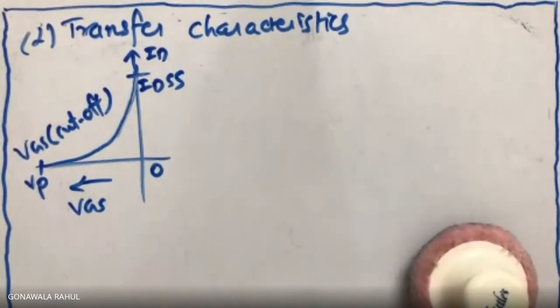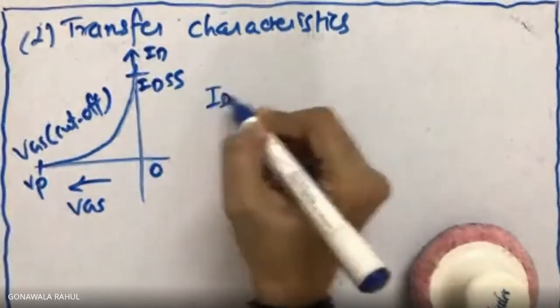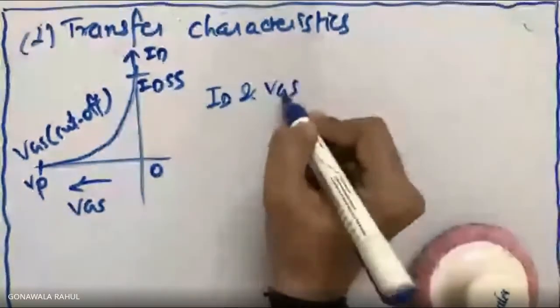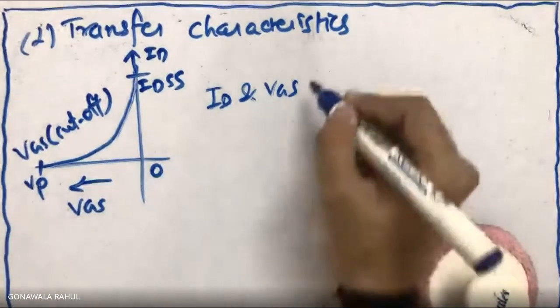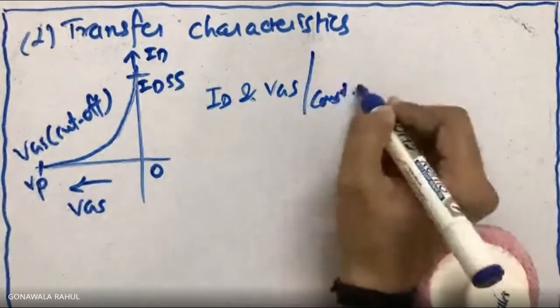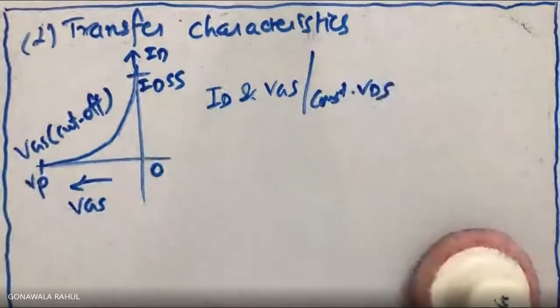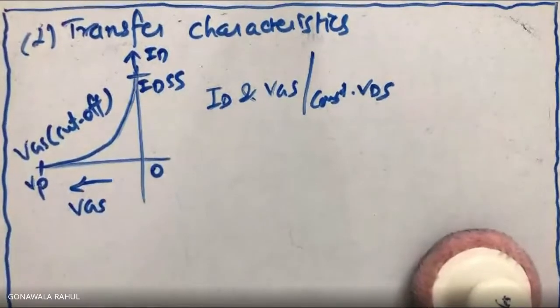Transfer characteristics are also known as the transconductance curve, which gives us the relationship between ID and VGS, keeping VDS constant. Earlier we kept VGS constant; here we are keeping VDS constant.